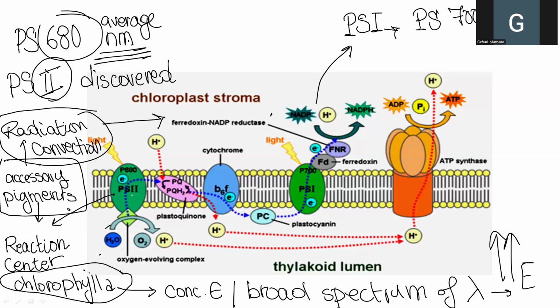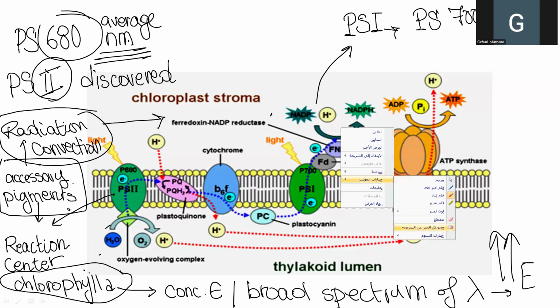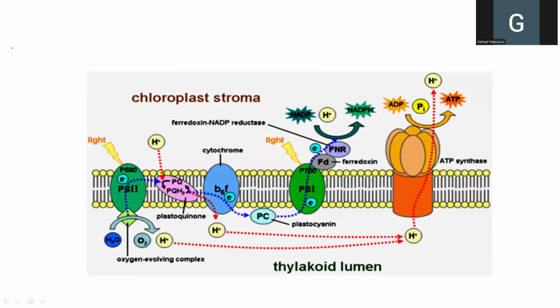Now, when these photons fall onto the accessory pigments and then are funneled onto chlorophyll, what happens, as we said before, is that the reaction center, chlorophyll, will be activated. And actually, the magnesium atom that is surrounded by double bonds everywhere in the center of the chlorophyll molecule will be excited.